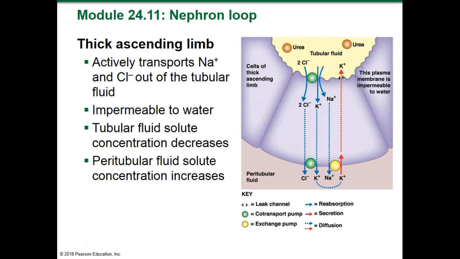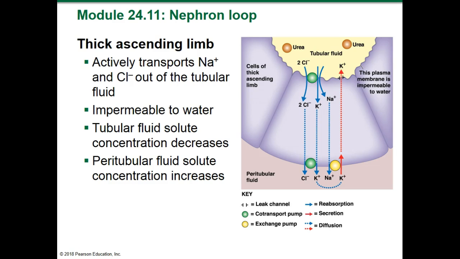The tubular fluid solute concentration then decreases because we're able to pull out sodium, potassium, and chloride, but we can't pull out any more water at this point. So as you pull out a lot of solute, you're decreasing the concentration of solute inside the tube. The peritubular fluid concentration, though, increases, right?